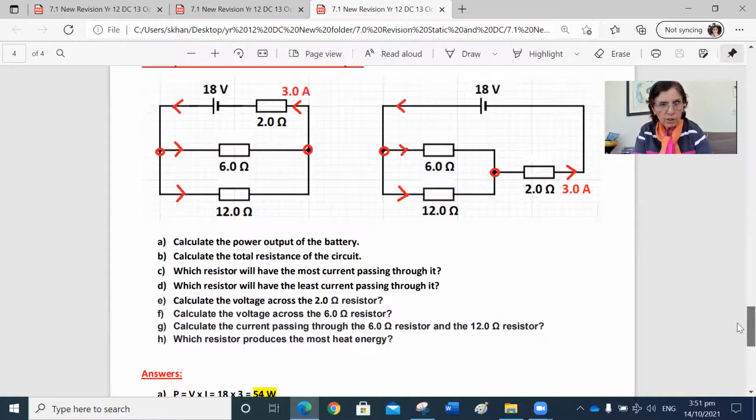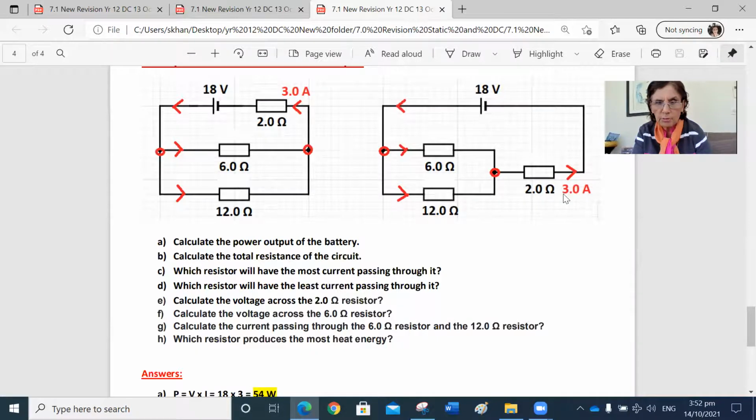Now, another question that would be asked is, which of these 3 resistors is producing the most heat energy every second? Or in other words, the power of which resistor is most? Now, remember, if we have to calculate the power of this battery, that is voltage times current.